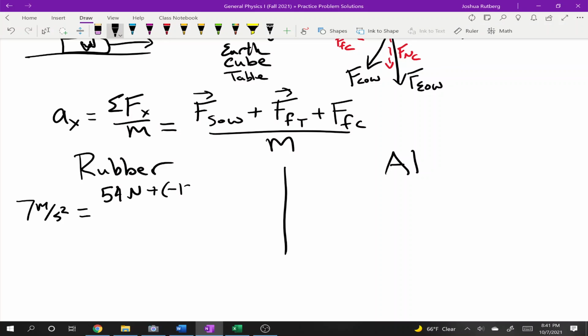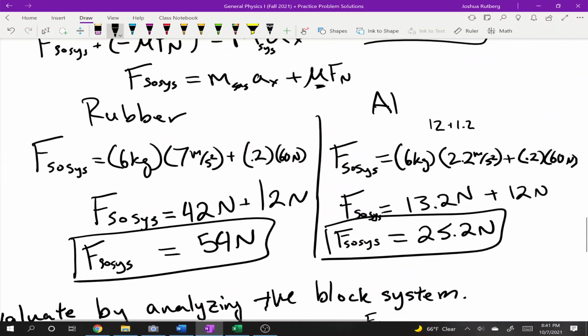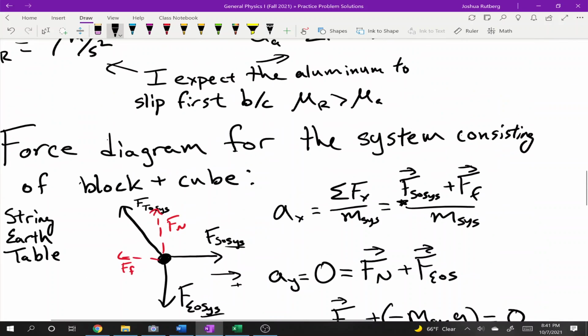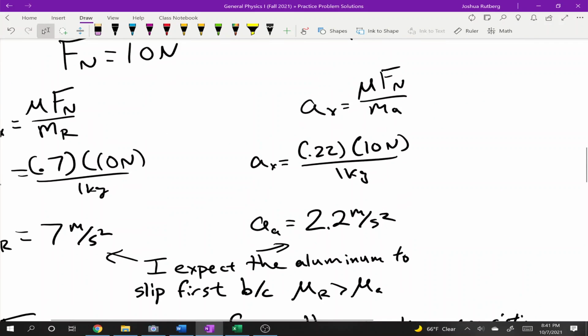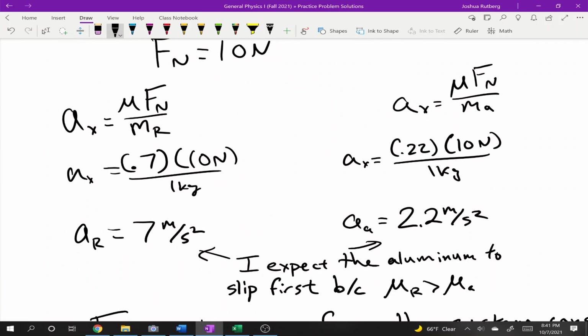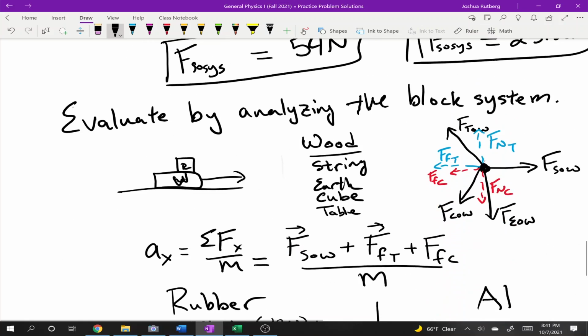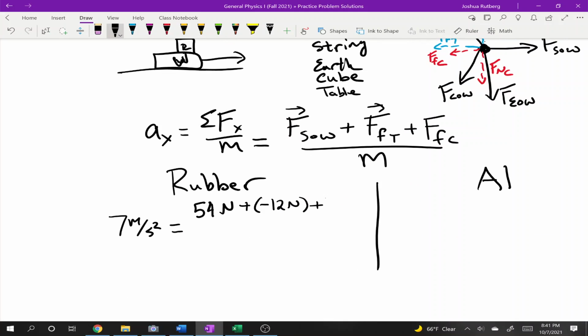plus negative 12 newtons, plus what's the friction from the cube? Well, that is this force that we found up here: 0.7 times this, so that's 7 newtons. Plus negative 7 newtons, divided by only the mass of the block this time, 5 kilograms.